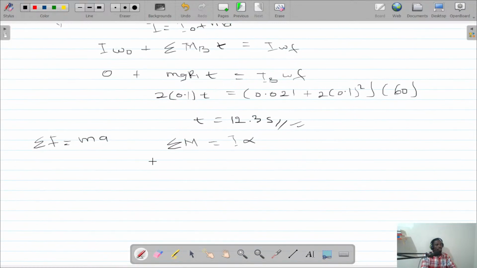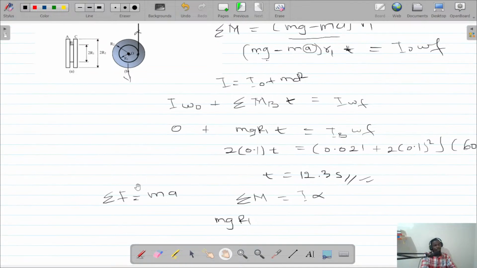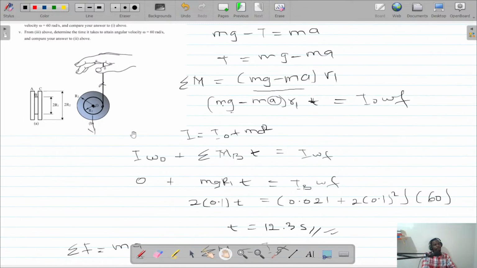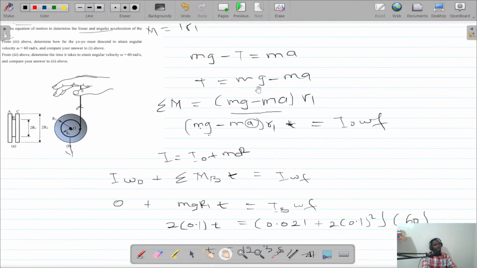So mg times r1 is the moment about the point here. You can find it at the center, but if you do that, then we need to substitute for tension, which means we have to employ this equation over here, right? So for that one, you will have the tension times r1. Now you come and make this substitution, and you should get the same thing.